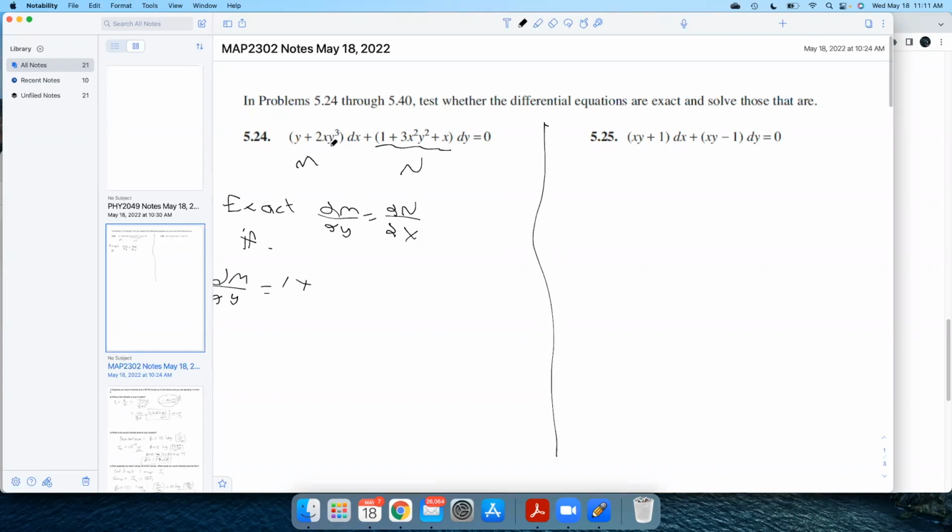Same with the 2. The derivative of y cubed will be 3y squared, so we'll get 6x y squared. The 2 and the x came along for the ride, and that 3 got multiplied down.